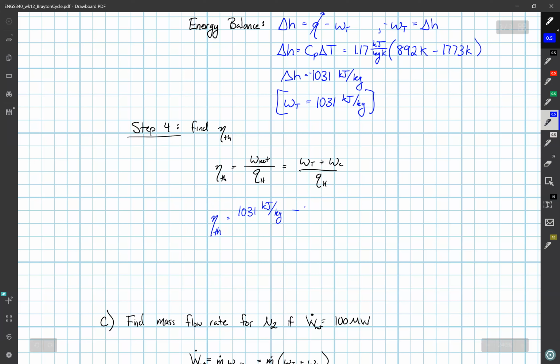So that's minus 338.6 kilojoules per kilogram, divided by the heat that we had to put in, which was 1393 kilojoules per kilogram. And if we plug those numbers and run that calculation, we get a thermal efficiency of 0.497.